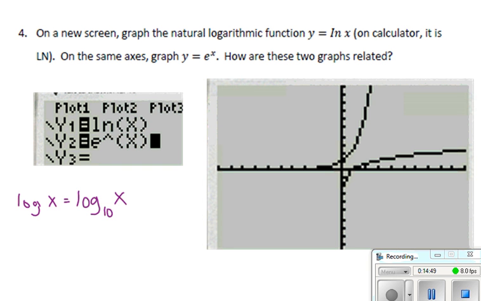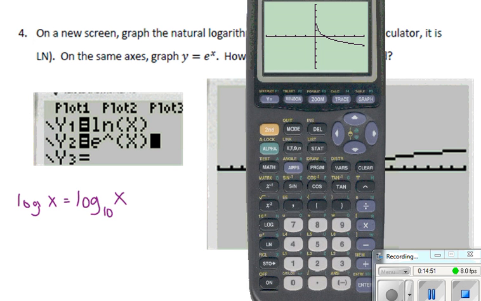Okay. The natural log. Has anyone ever heard of e? E is a constant, another irrational number. It's very popular in the math world, just like pi is.